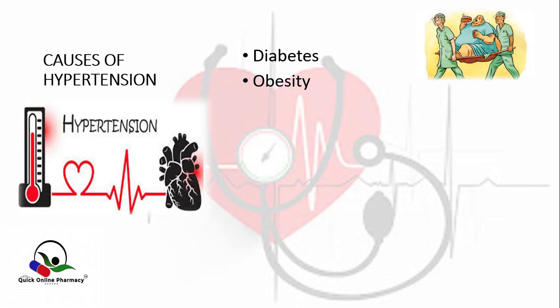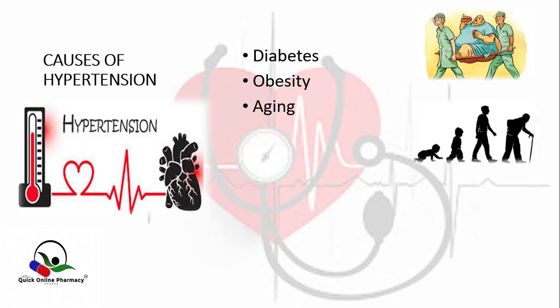So if your size is obese, it's better you go for a checkup for hypertension. Aging, as we said, elderly people are at risk of getting what? Hypertension, because blood pressure increases with age. So the more someone is aged may also be a cause of hypertension.